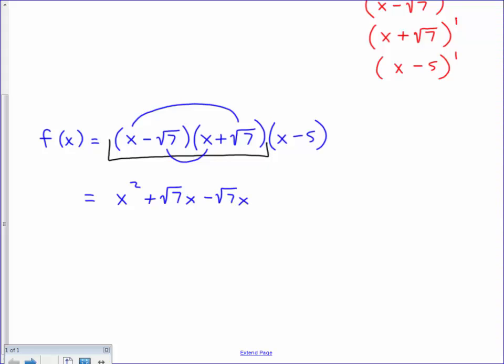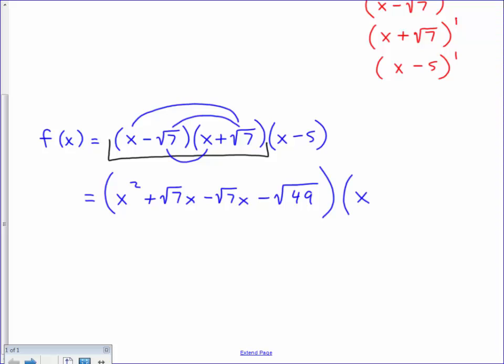And then when I multiply the last, I'd have negative square root of 7 times positive square root of 7, which here would be negative square root of 49. If you have two values that are under roots, then you keep your root and you multiply the numbers underneath together. So that would be the result of multiplying the first two binomials.